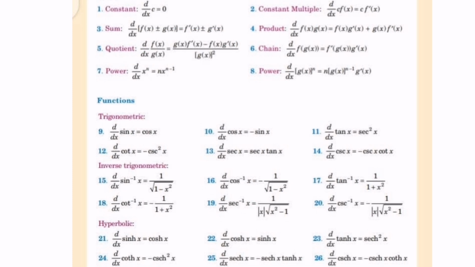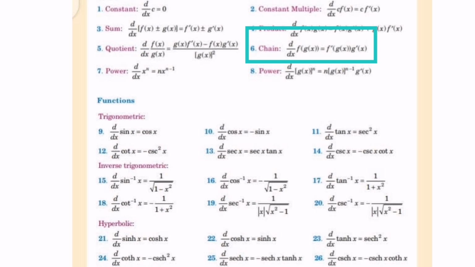Chain rule. Chain rule is used when the function is in this form: derivative of f of g of x is equal to f dash of g of x and again derivative of g.